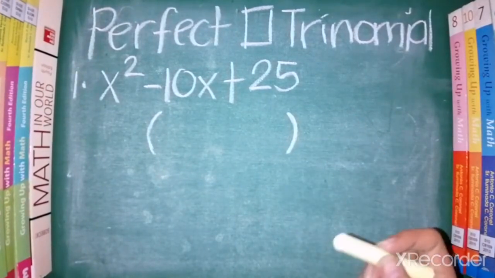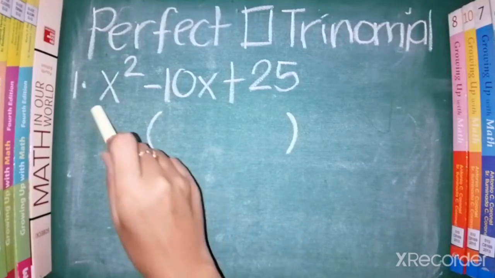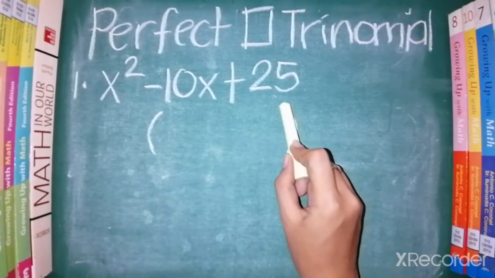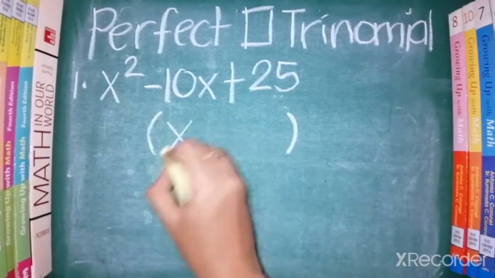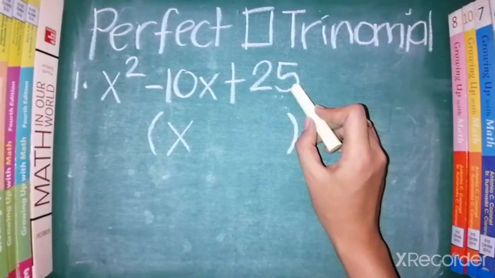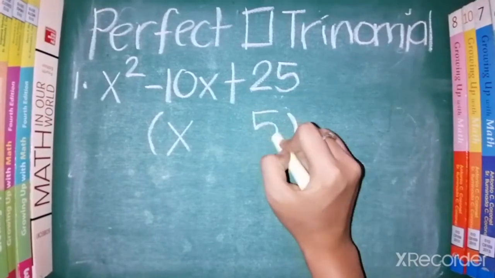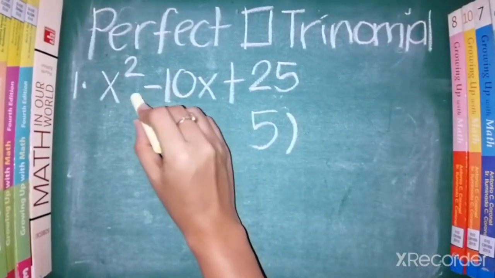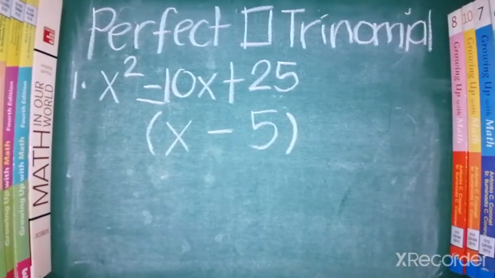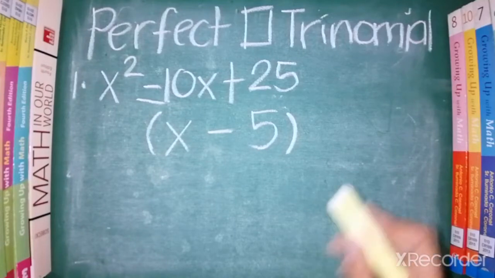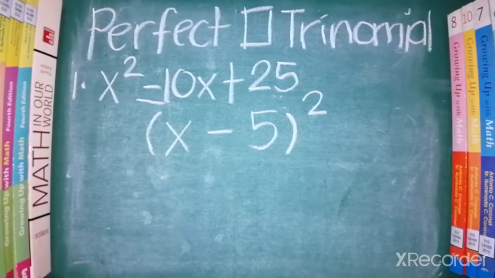We just take the square root of the first term and the last term. So the square root of x², that is x. And then the square root of 25, that is 5. And then just copy the sign here. So you will have x − 5. We said earlier that we're going to have the same factor, so it should be 2. But when we have the same factors, we can use squared. Okay, so our factor is (x − 5)².